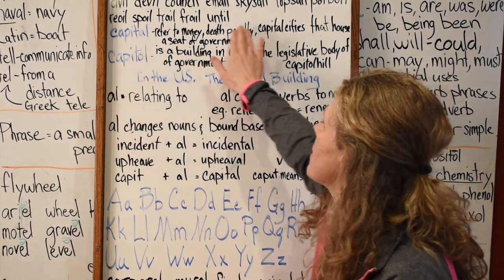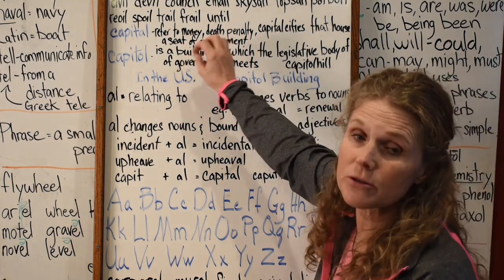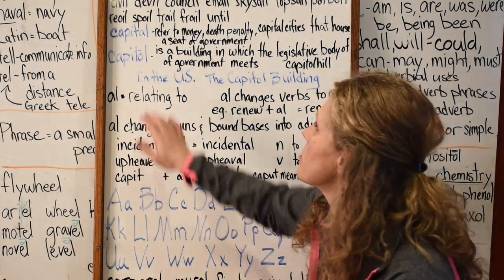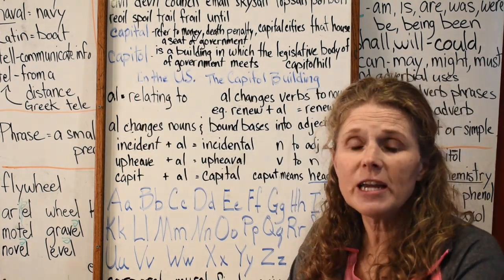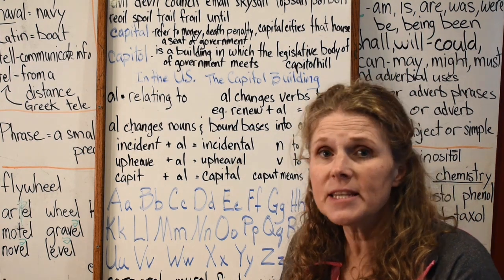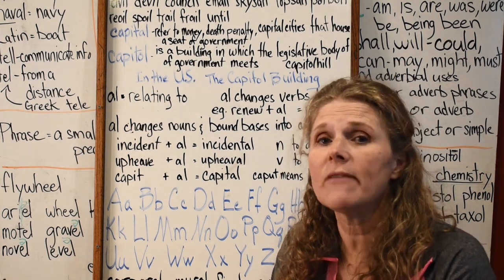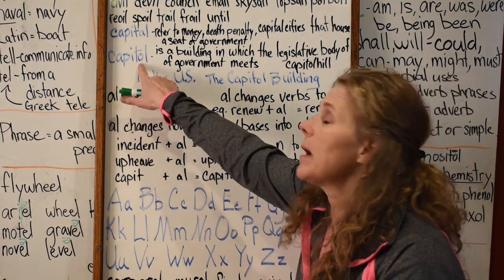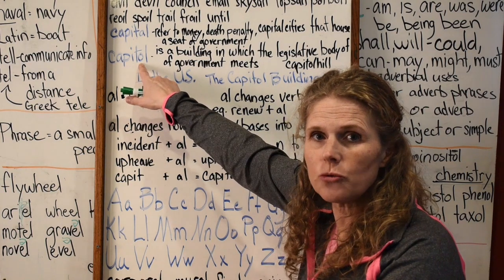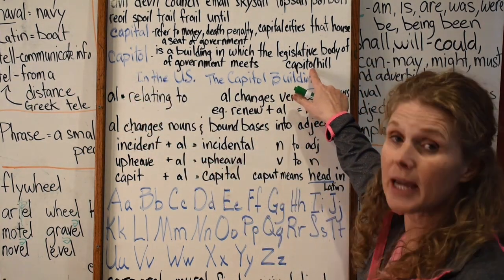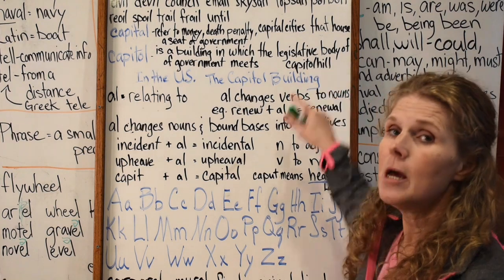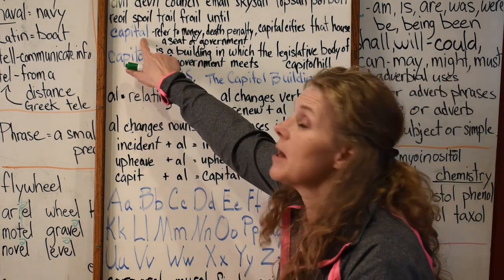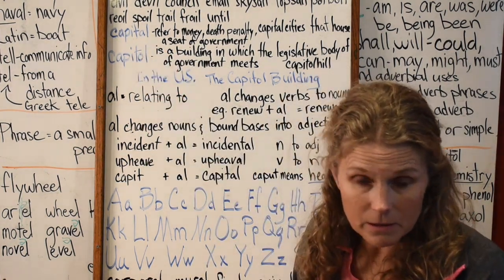So this is where this capital will be considered the city, the state capital. But when you're talking about its building, you're going to spell it this way. Every capital city in the United States will have a Capitol building that will be called Capitol Hill, and it is spelt this way when you're referring to the building. But when you're talking about the capital as a city, you're going to be spelling it this way. Does that make sense?